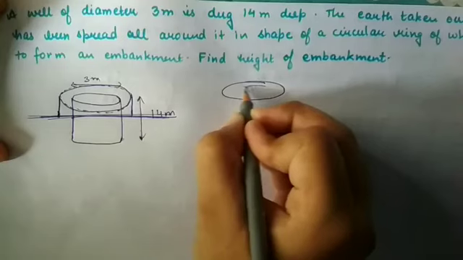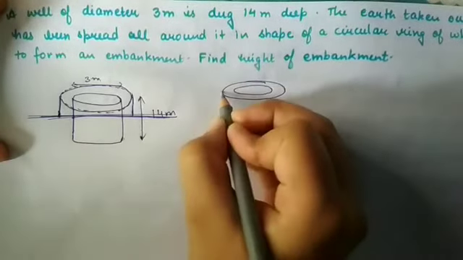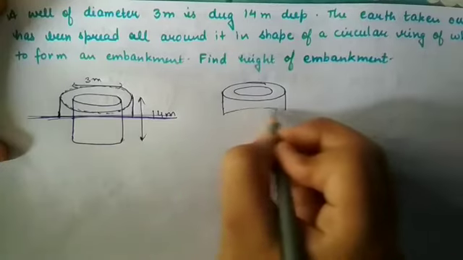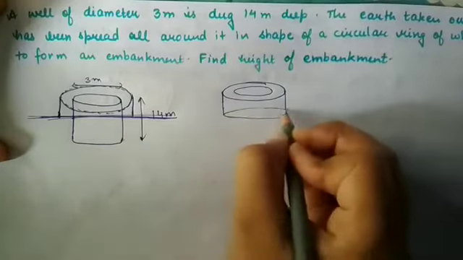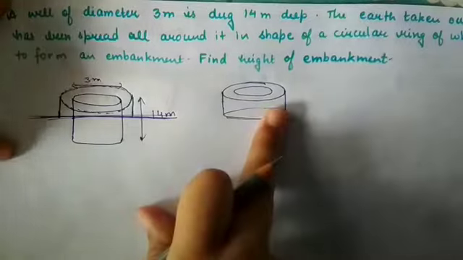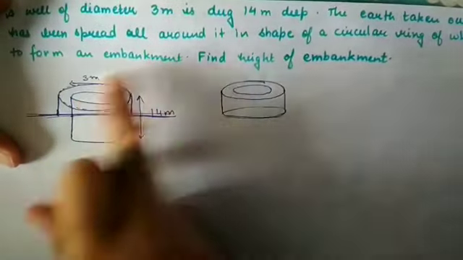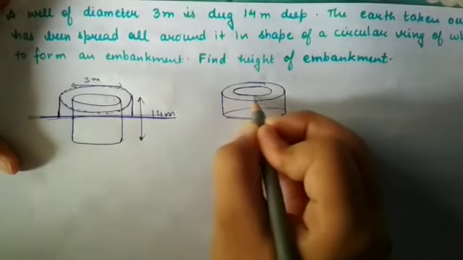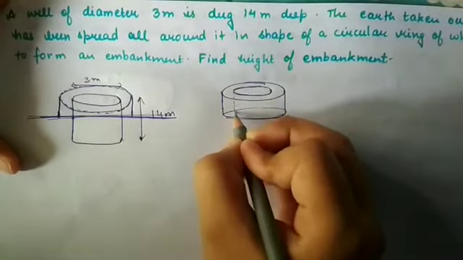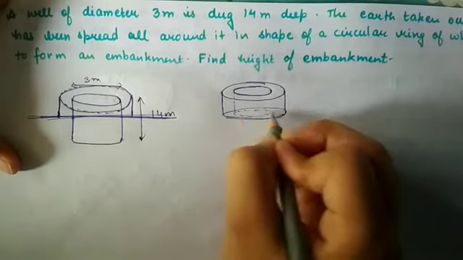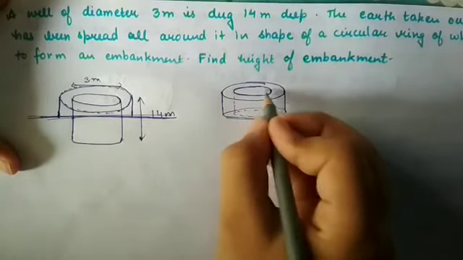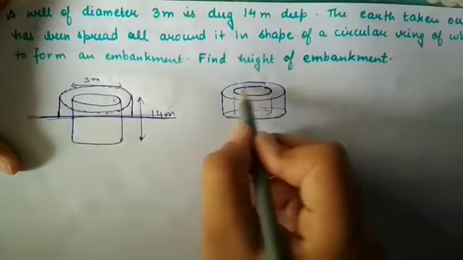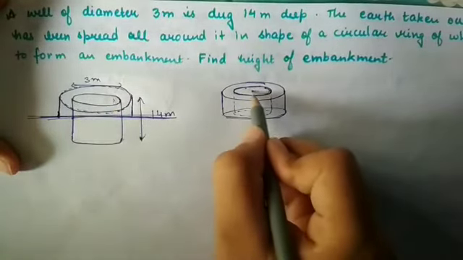So this area would also be in the shape of a cylinder only. Like this. So this area is also of the shape of a cylinder, where this will be the inner cylinder. The radius of the inner cylinder would be the well only, so the radius of the inner cylinder would be equal to the radius of the well.